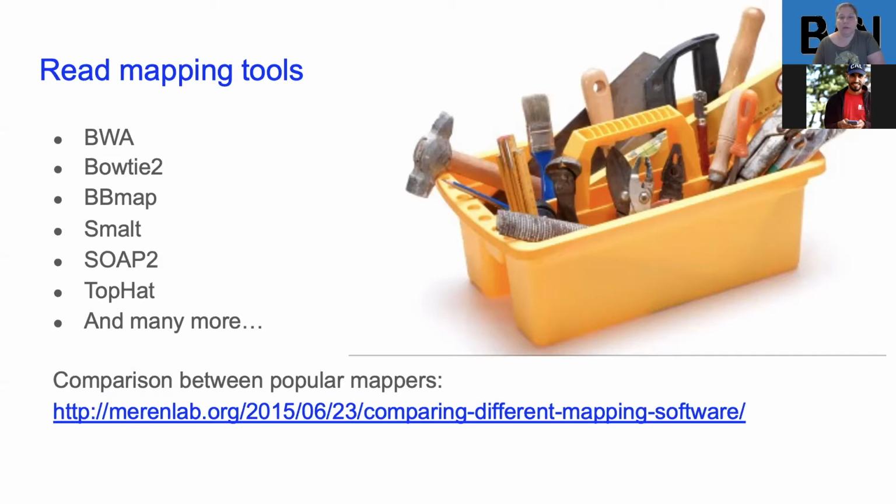If you're unfamiliar with him, get into his blog. He's super helpful with anything bioinformatics. So he compared mapping with different aligners, and it's a really useful blog and very easy to read. Okay, so today we're going to focus on Bowtie2.